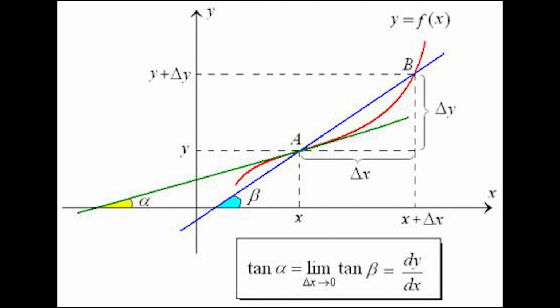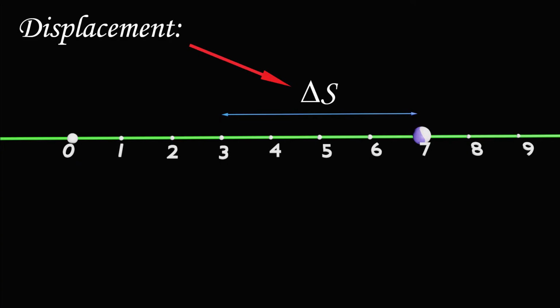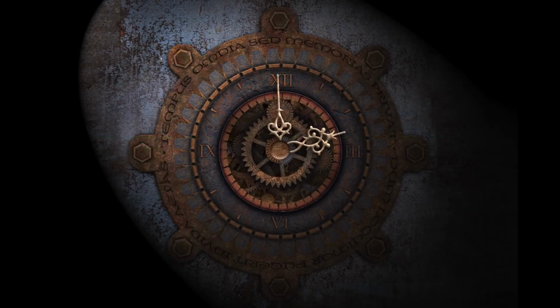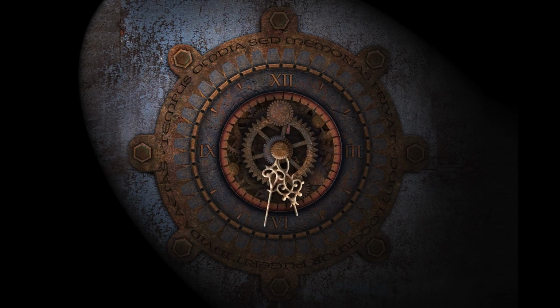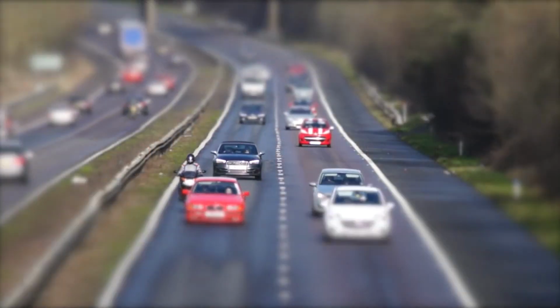In short, in this video we have talked about the displacement of an object along a straight line, which is given as its final position minus its initial position, represented as delta S. Then we have seen a short description of time, which is the measure of progress of the events in our day-to-day life.